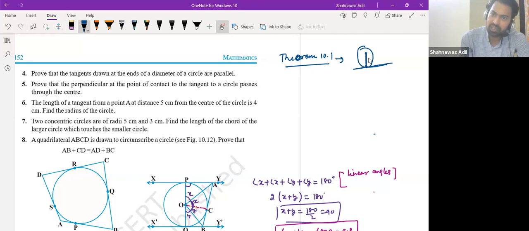Which means that this perpendicular is the radius, and the radius passes through the center. So we have to write that from theorem 10.1, this perpendicular is the radius, and the radius passes through the center. So this is the argument-like question, right?